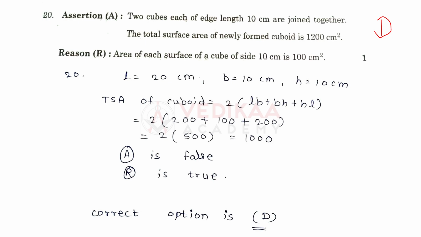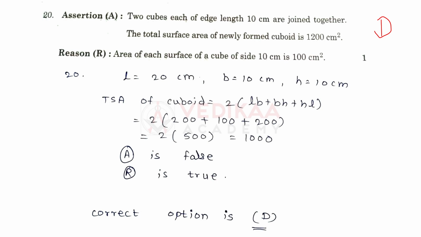Okay, so here the assertion is false. Reason, the surface area of each face of a cube of side 10 centimeter is 100 centimeter square. It is the correct statement because if you see the face of the cube, it is in the square shape. Okay, so the reason is correct but the assertion is false. So here the correct option is D. Assertion is not true but reason is true.